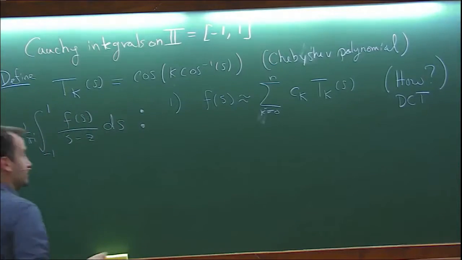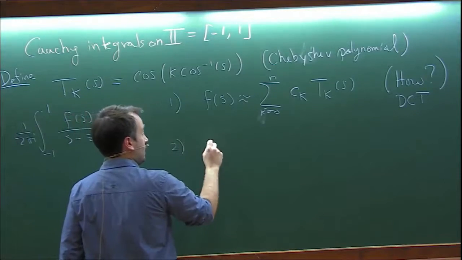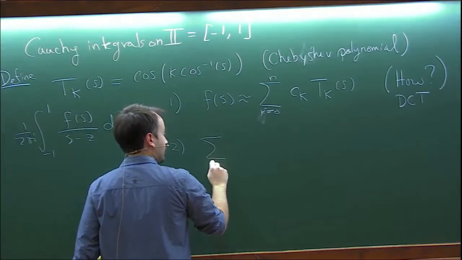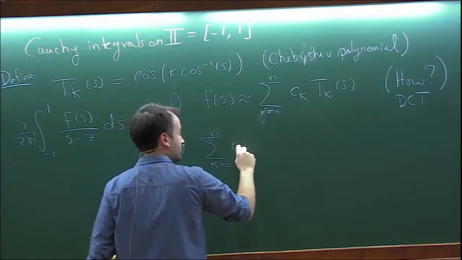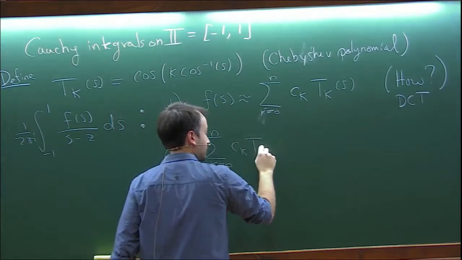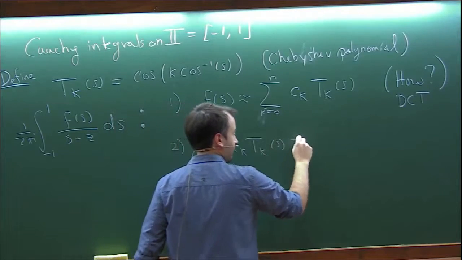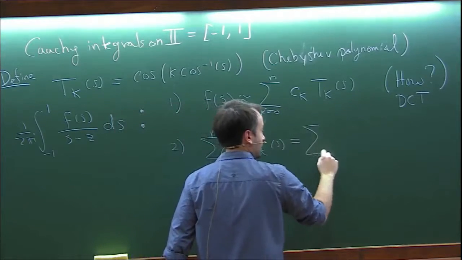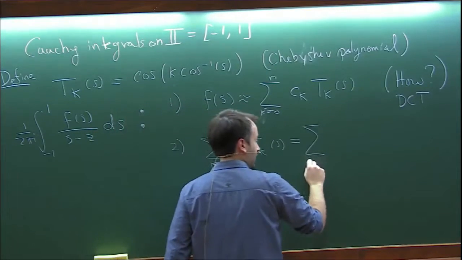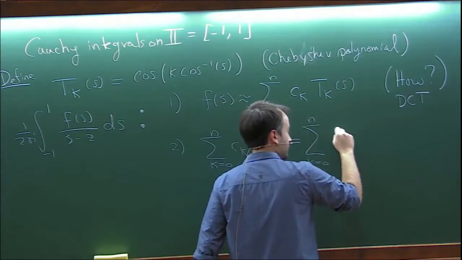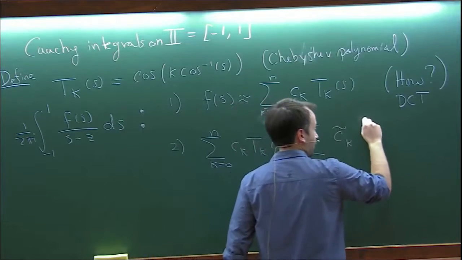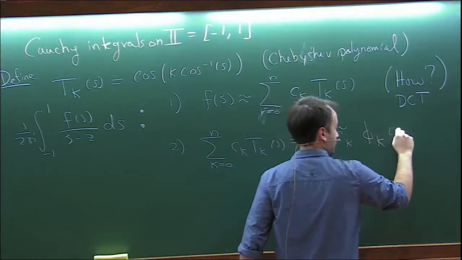Then I'm going to take a slightly modified approach. I'll take this series, and this just simplifies the discussion. It's not necessary. So we take k going from 0 to n, get new coefficients, and I'm going to have a new basis.